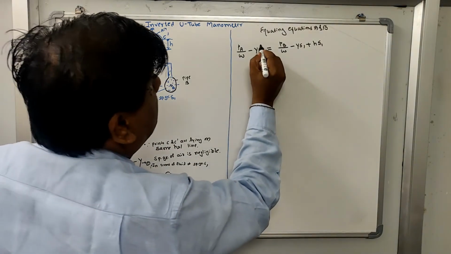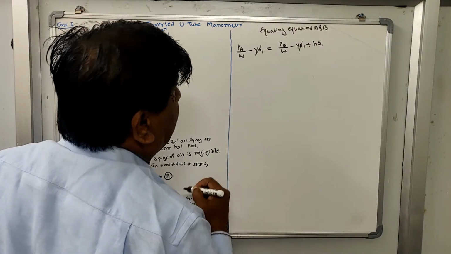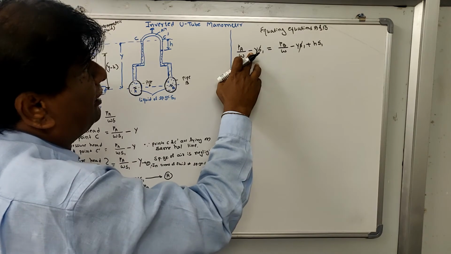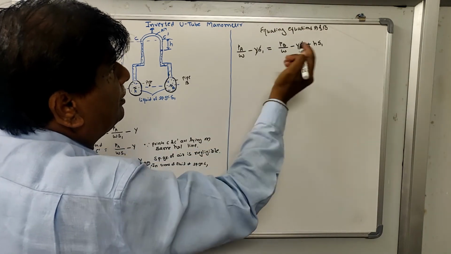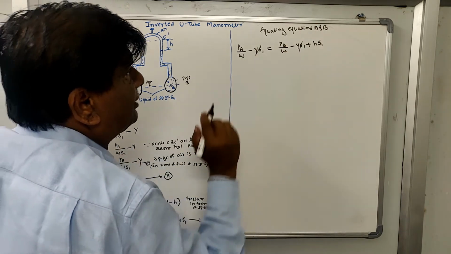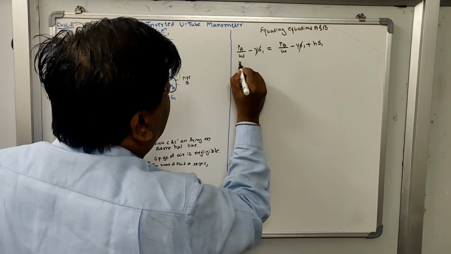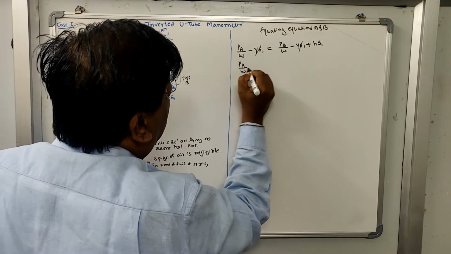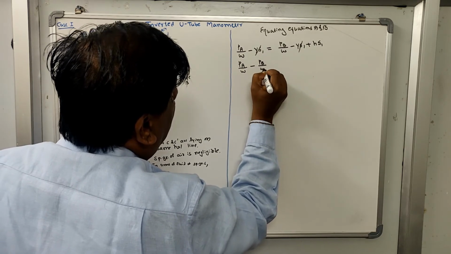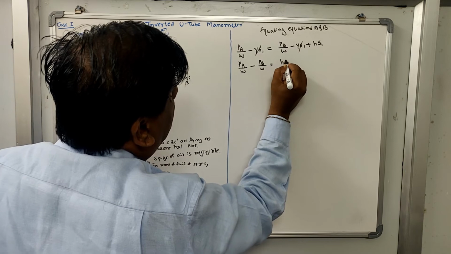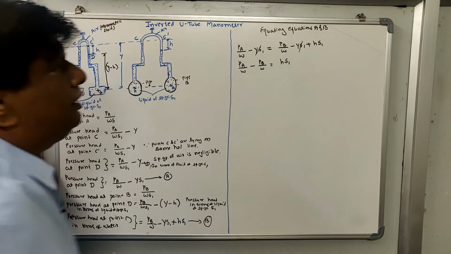Okay, so this term cancels because this is minus YS1. When I am taking this to the right hand side, it is plus YS1. So minus YS1 plus YS1 cancels. So PA by W minus PB by W is equal to HS1.